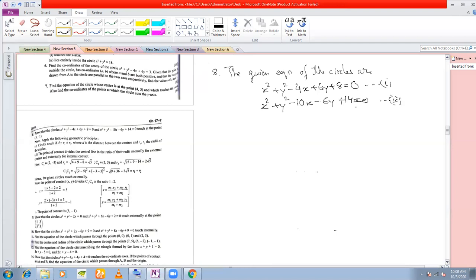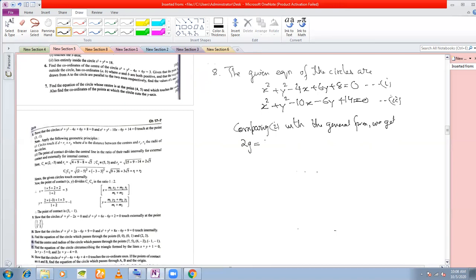Now, if you know that the equations of the circles are given, then you can find out the center and radius, right? So comparing 1 with the general form, we get, what is the coefficient of x? 2g.